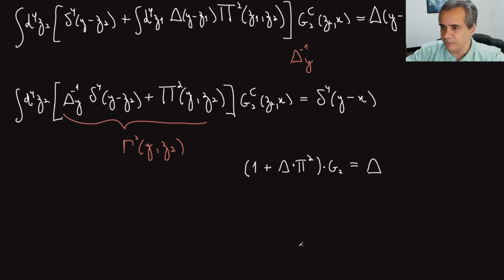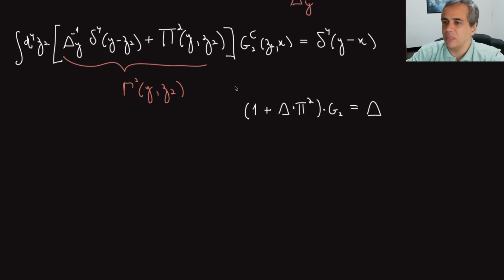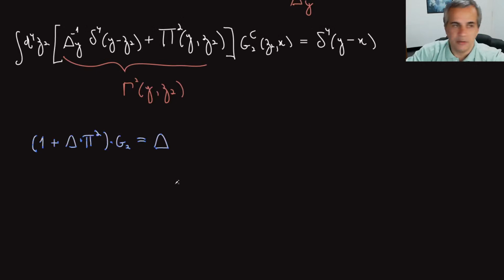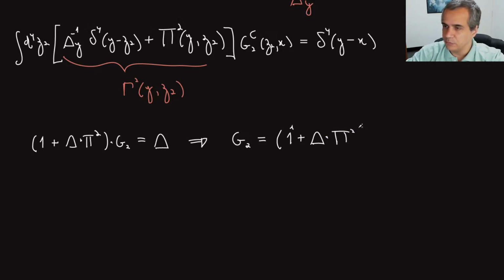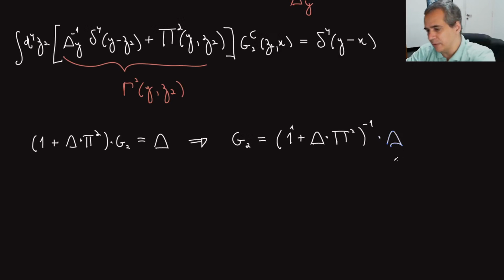If I write this equation down here, this is valid for the full propagator, if this is invertible, I can write this as g2 is equal to identity plus delta pi 2, minus 1, contracted with the free propagator.